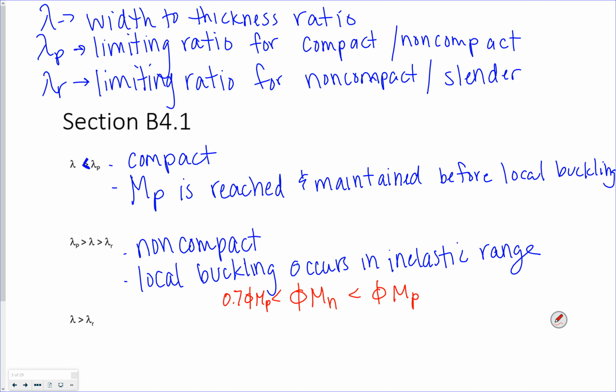This is the inelastic range, as defined previously in flexural theory. Yielding begins to occur within the cross section when the applied moment is 70% of the plastic moment.